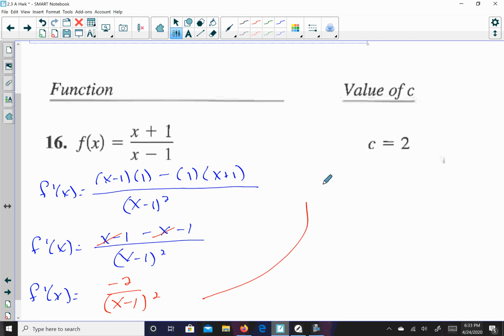And then to find my derivative at this point 2, I'm going to have negative 2 over, oh, it's positive 2, yeah. So I'm going to have 2 minus 1 squared. Well, 2 minus 1 is 1, so negative 2 divided by 1 will just be negative 2. And that would be my answer for the derivative at the point 2.